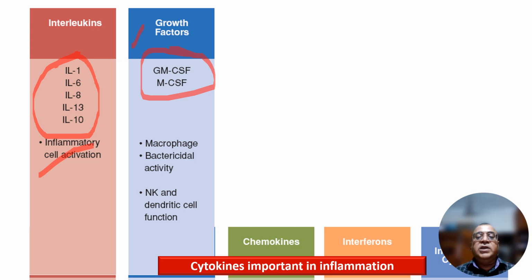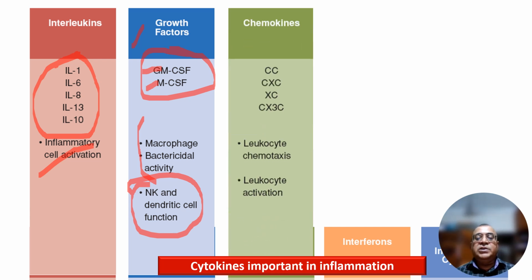These are granulocyte colony stimulating factor and monocyte colony stimulating factor, and they are responsible for macrophage activation and bactericidal activity. Also, they are important in function of natural killer cells or null cells and dendritic cell function.